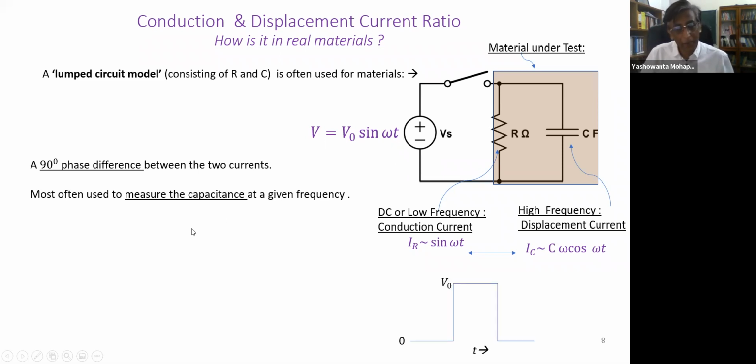Now I can ask you, what will happen if instead of this sine omega t I give a pulse, which suddenly rises sharply from 0 to V naught, to this circuit? Please work that out. If I give this pulse here and connect it to an oscilloscope with a resistor, what kind of current will I see on the oscilloscope screen?